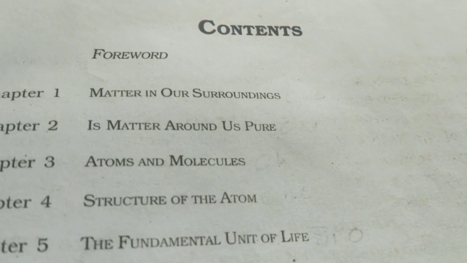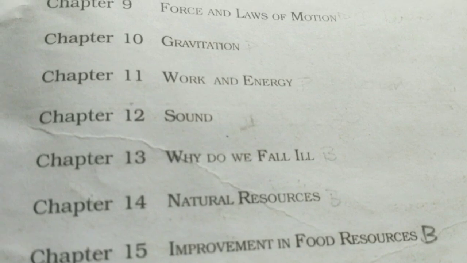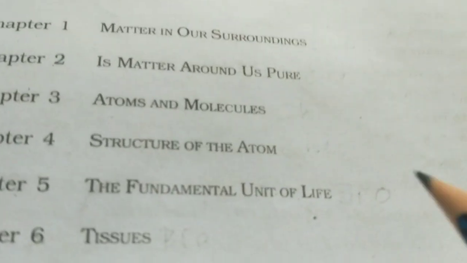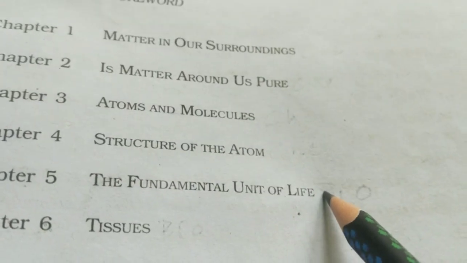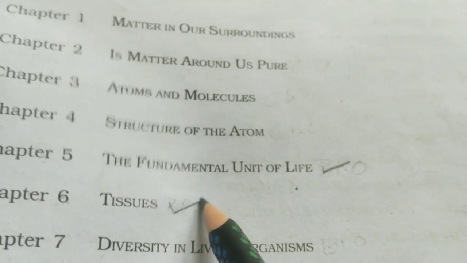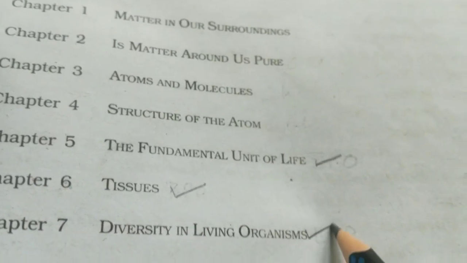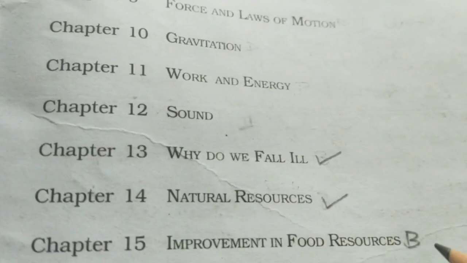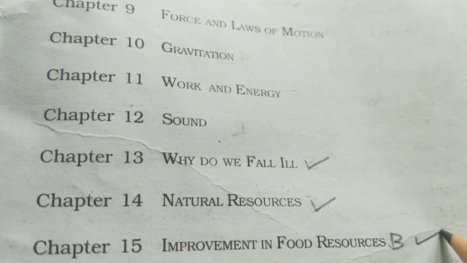Class 9 science subject has overall 15 lessons. Out of these 15 lessons, the biology part includes the first one, the fundamental unit of life, tissues, the third, diversity in living organisms, why do we fall ill, natural resources, and improvement in food resources.